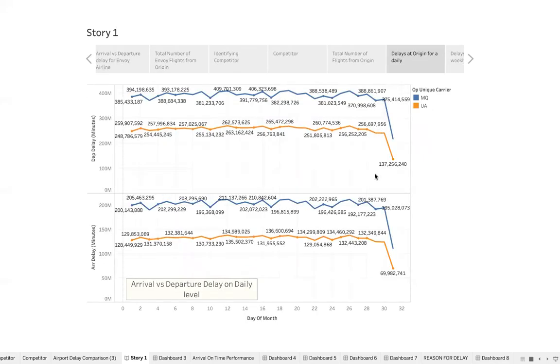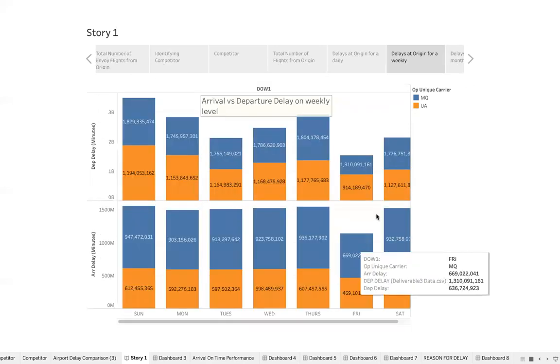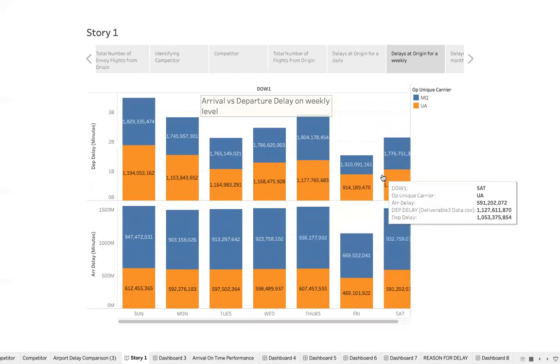This is delays at origin on a daily basis. We have calculated both departure delay and arrival delay, and the delay is calculated in minutes. We can see that in this, United Airlines has a higher rate of both departure delay and arrival delay. So this is aggregated on a weekly basis.